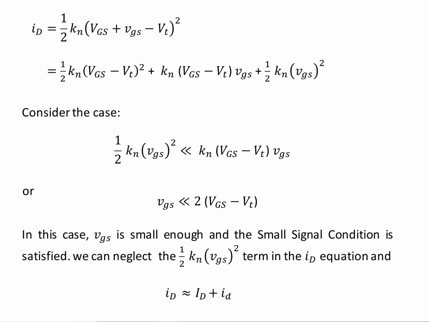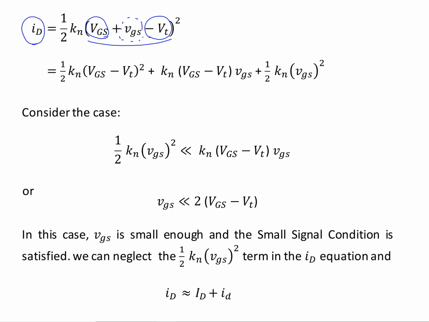So I'm going to expand the term inside the parentheses and see what I get from this expansion. I would like to keep the DC parts, this one and this one, together, and this small vgs separately, because I would like to have an equation for the total instantaneous iD current in terms of the DC part and AC part separately. This is my goal.